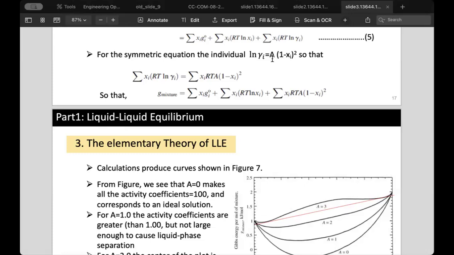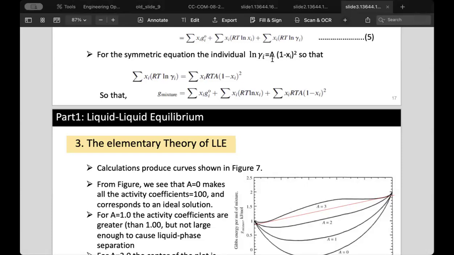If log gamma is 0, what is gamma? If log gamma is 0, then gamma is 1.